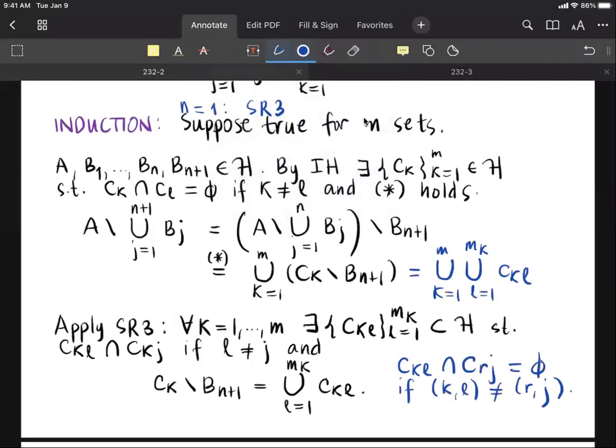So if at least one of the components of the ordered pairs kl and rj are different, then these sets C sub kl and C sub rj are disjoint. This follows, in fact, from the fact that the C sub k's are pairwise disjoint, as well as the construction provided here. Okay, so we have written the set difference as a finite union of pairwise disjoint elements of the semi-ring, and this completes the induction step.